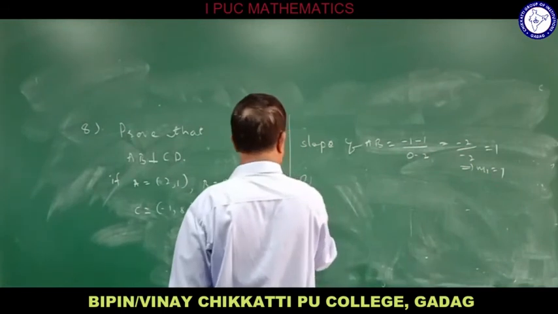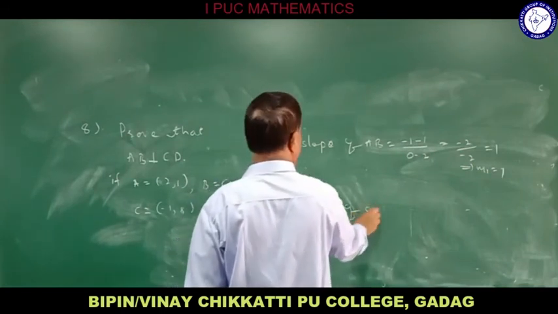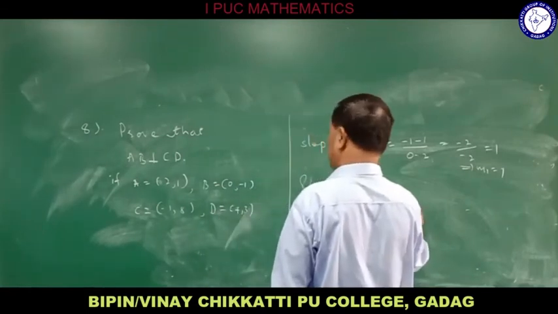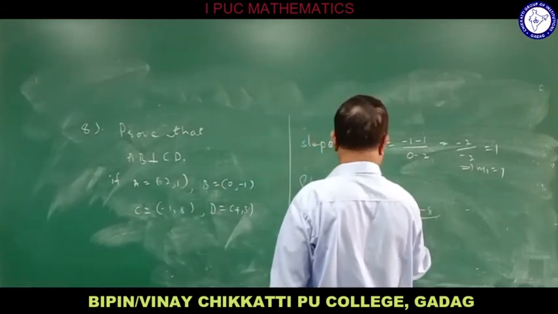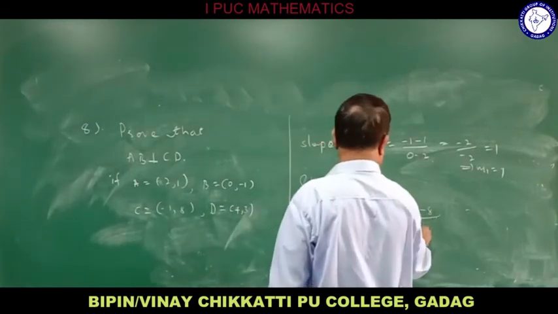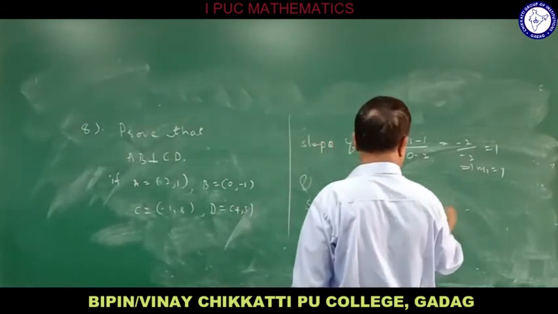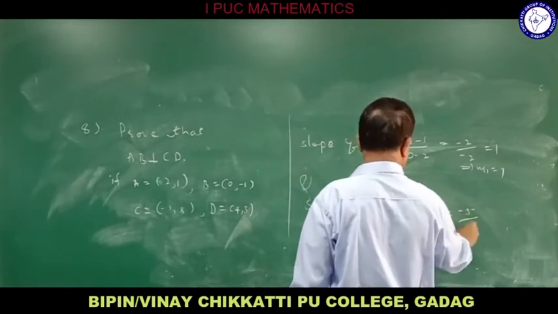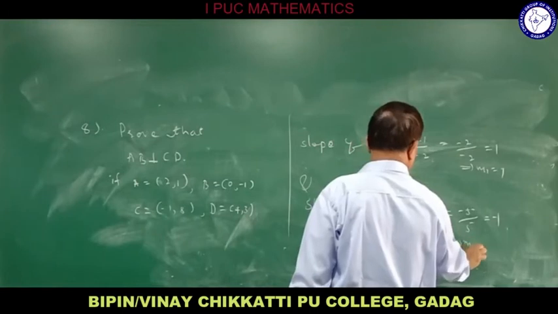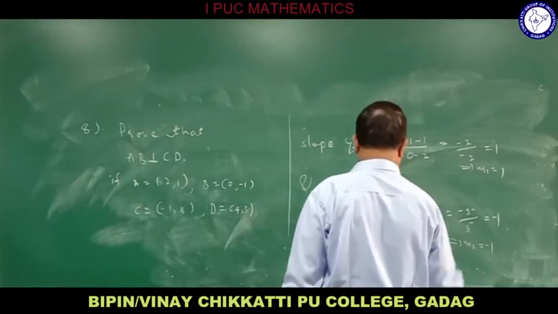And the slope of CD, I write y2 minus y1, 3 minus 8, divided by 4 minus of minus 1. 3 minus 8 is minus 5, and here is also 5, so this is minus 1. You say m2 is equal to minus 1.